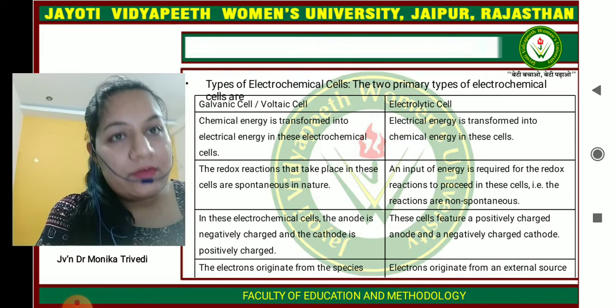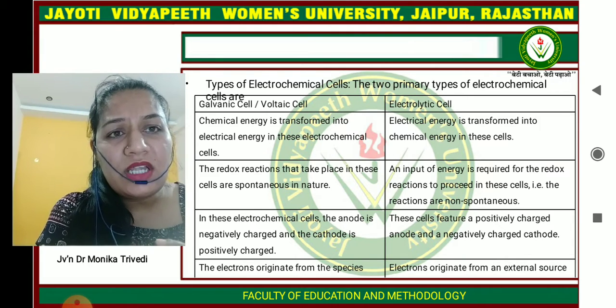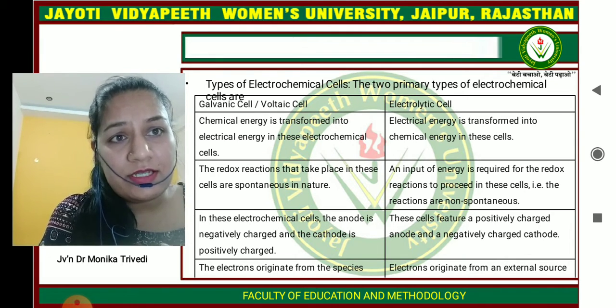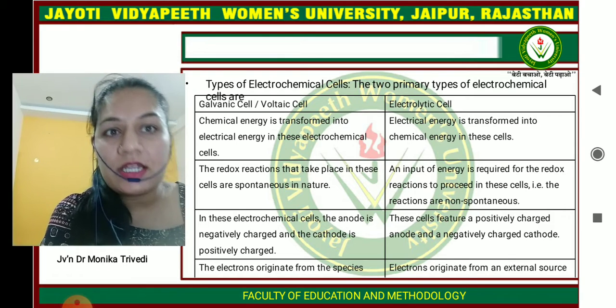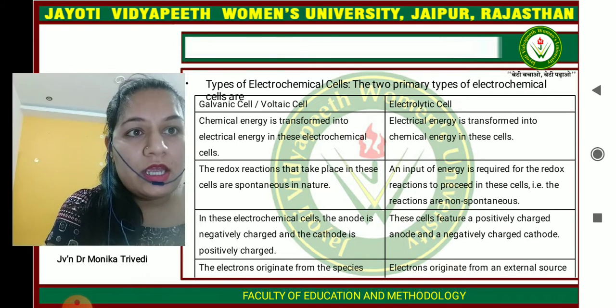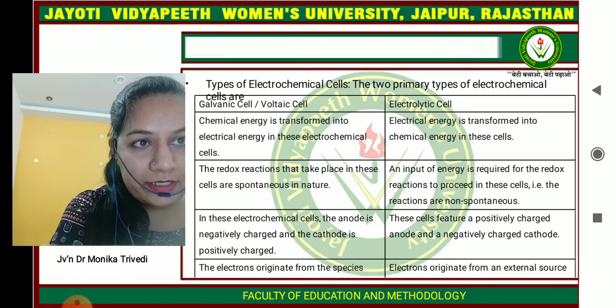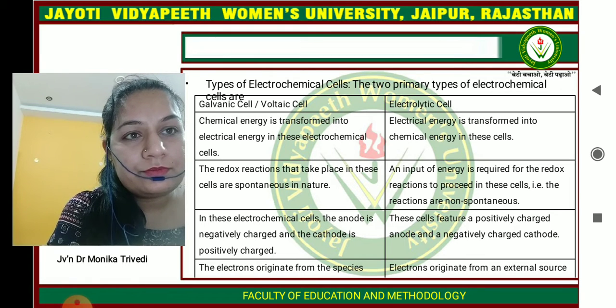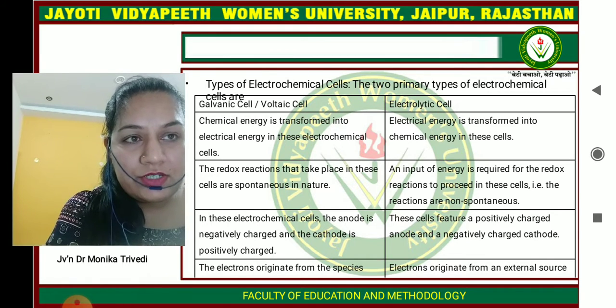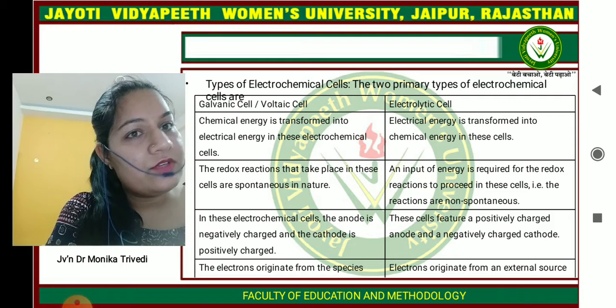In a galvanic cell, the anode is negatively charged and the cathode is positively charged, and in an electrolytic cell, the anode is positively charged and the cathode is negatively charged.